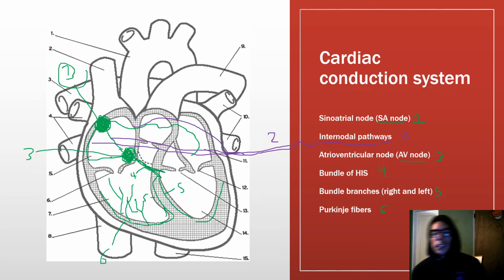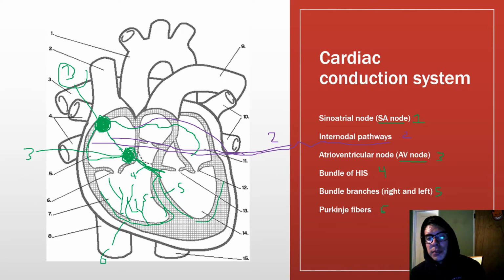So again, just to recap that, the sinoatrial node, or SA node, is a dense node of pacemaker cells which generate an electrical impulse. They then send that through these pathways called the internodal pathways through the atria, which causes the impulse to spread out to all the individual cells and causes atrial depolarization or contraction.